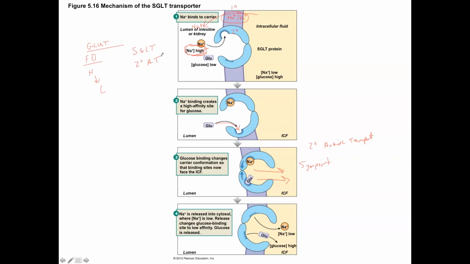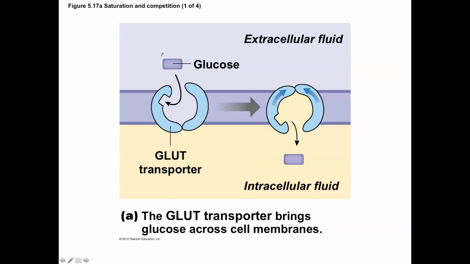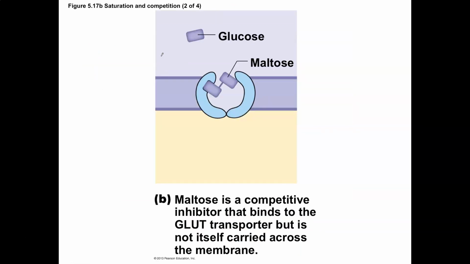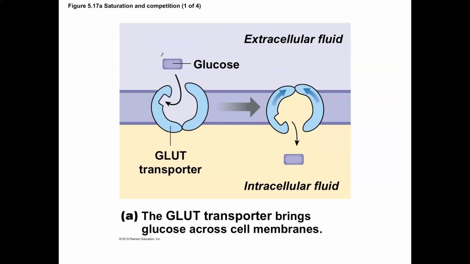When we look at carrier proteins and carrier-mediated transport, something else to consider is their specificity, their competition, and these important concepts. So when we look at, let me go back to this diagram, when we look at this idea of specificity, we can have carrier proteins that are specific for the transport of just one molecule or just one ion.